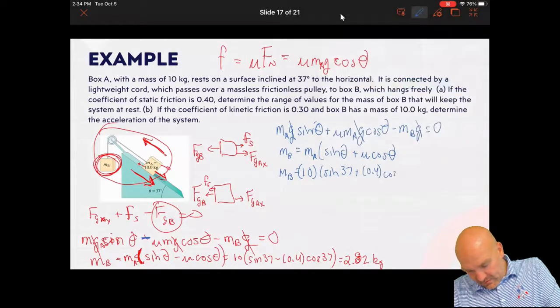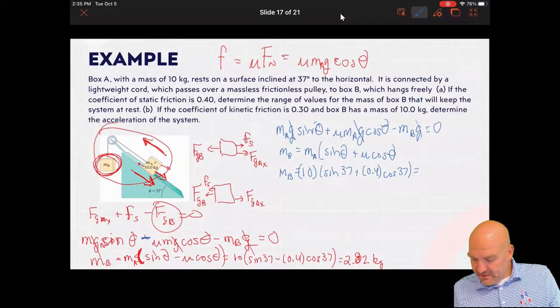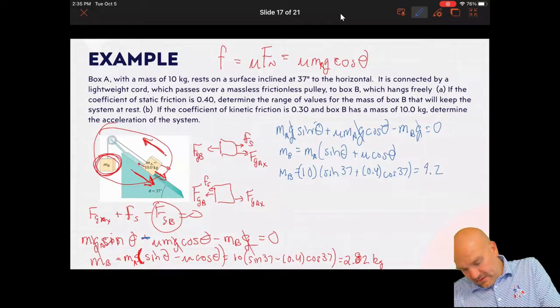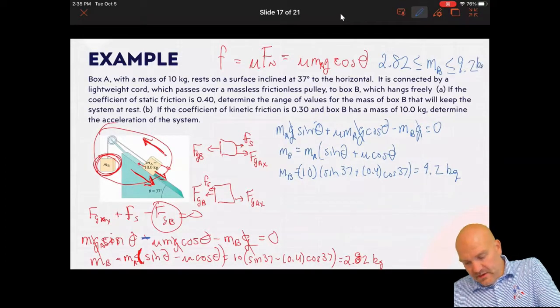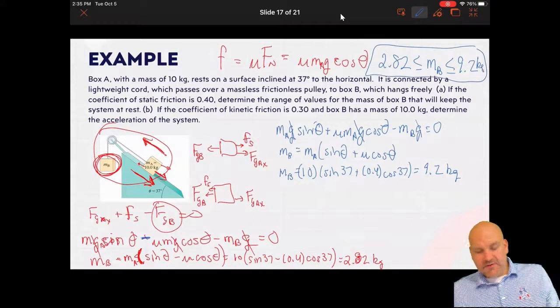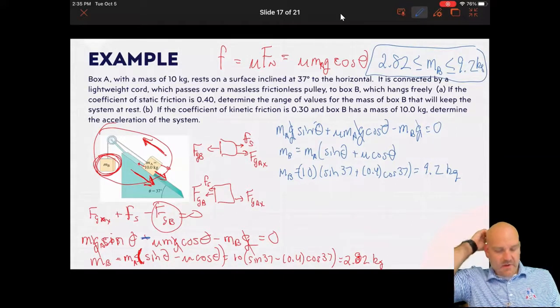So it'd be 0.4 cosine 37, and that's going to equal 10 times sine 37 plus 0.4 cosine 37, and we're going to get a high end of 9.2 kilograms. So for it not to move, mass B has to be between 2.82 and 9.2 kilograms.